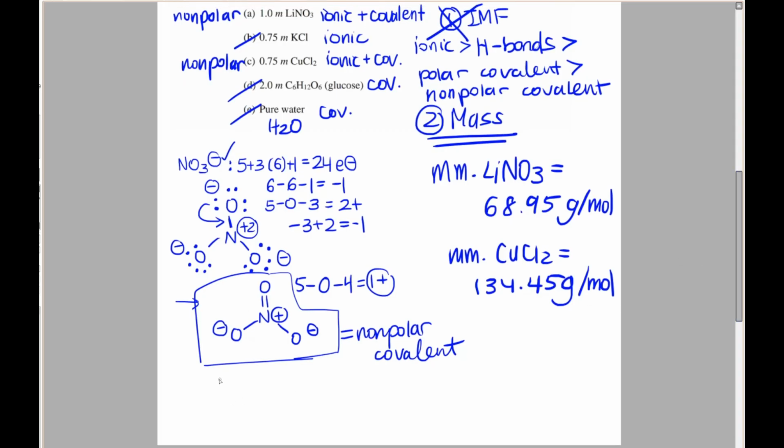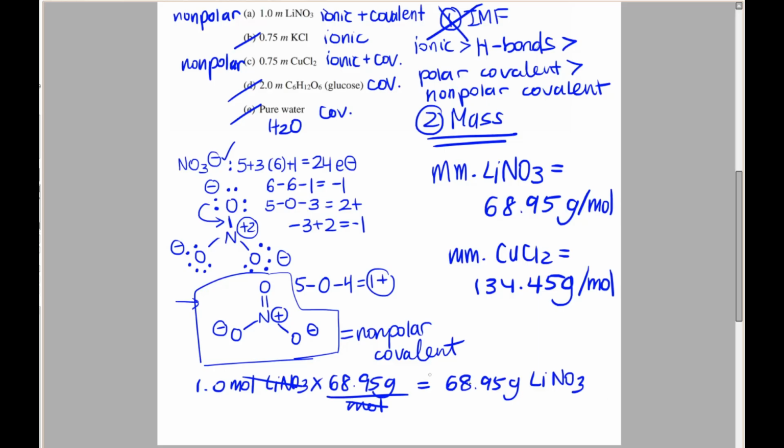So let's take 1.0 moles of LiNO3 times 68.95 grams per mole of it. This will cancel, and we're going to get just 68.95 grams of LiNO3, because 1 times whatever is just that. And for CuCl2, we have 0.75 moles of it multiplied by 134.45 grams over 1 mole.